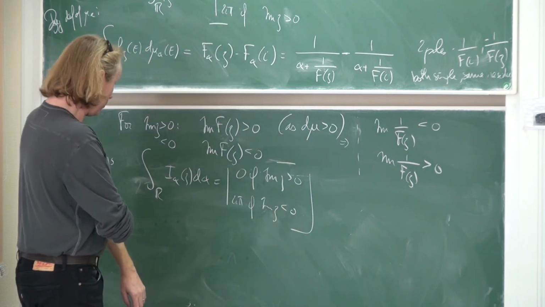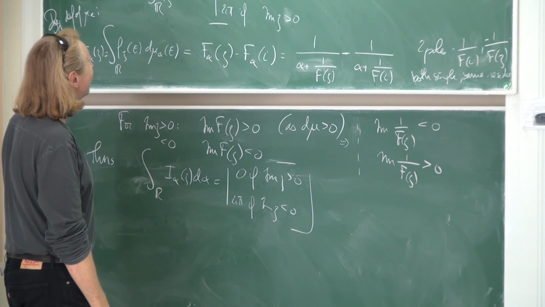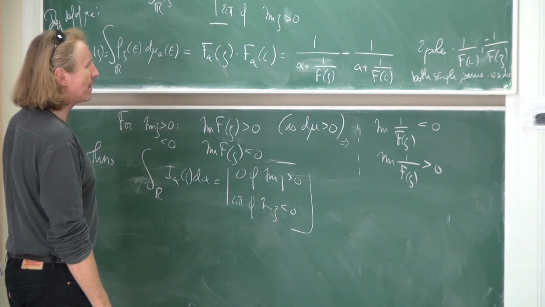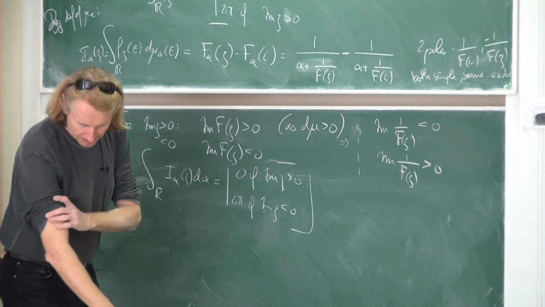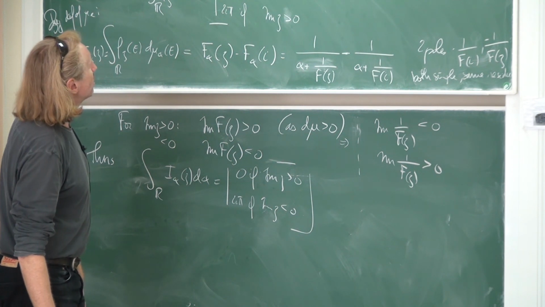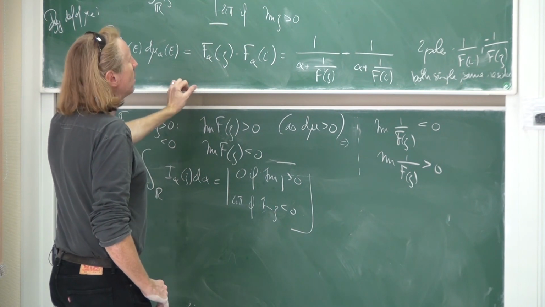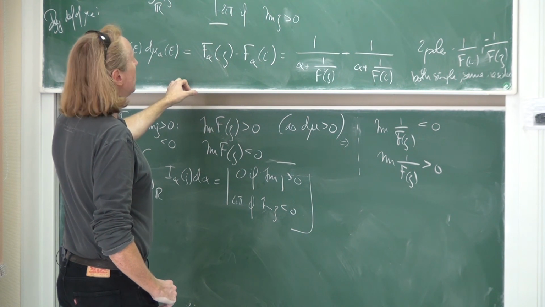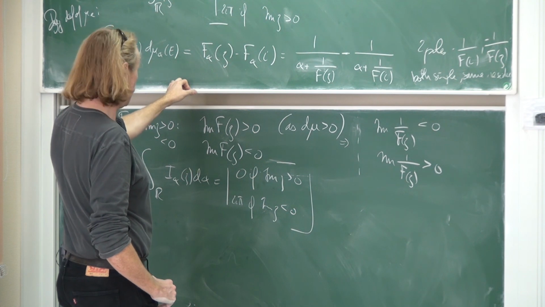Sorry, what happened? Oh, what happened here? Imaginary part of z. Did I make a mistake up there? If the imaginary part of z is positive, no, this shouldn't be 0, so it's interesting.